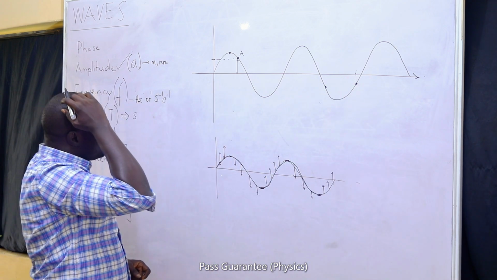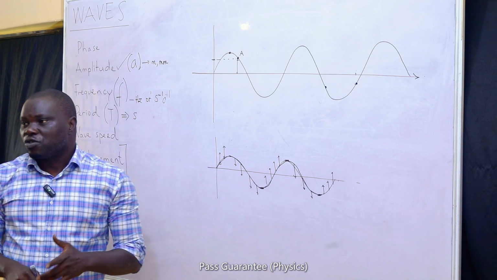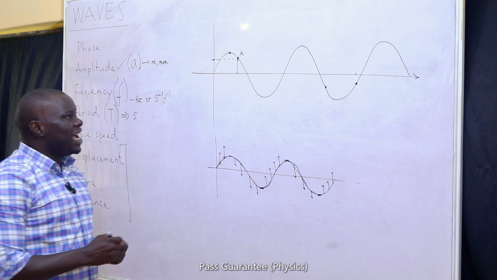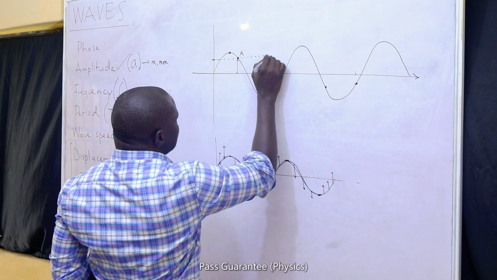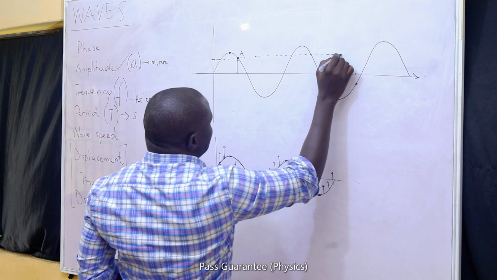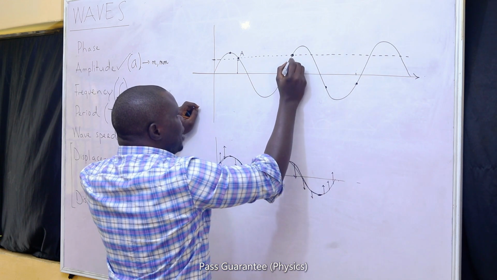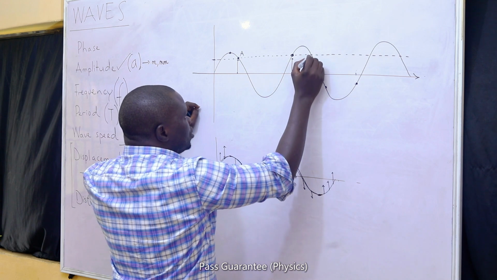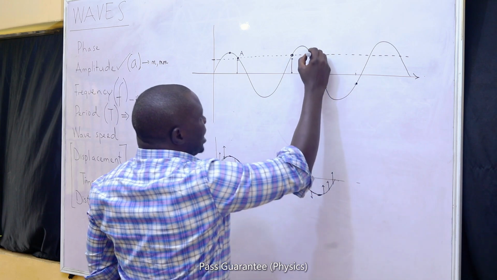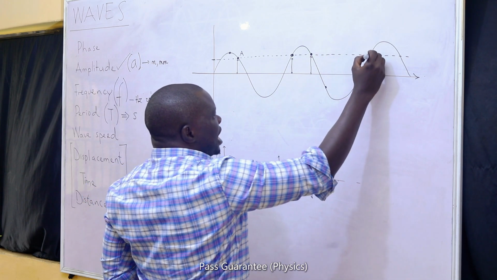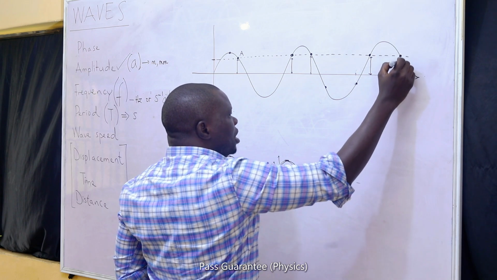If I wish to find another point that is in phase with point A, all I need to do is draw out a line to connect all the other points that have the same displacement with A. I'll draw out a line that is parallel to the rest line to get all the other points having the same displacement with A. So let me label those points.